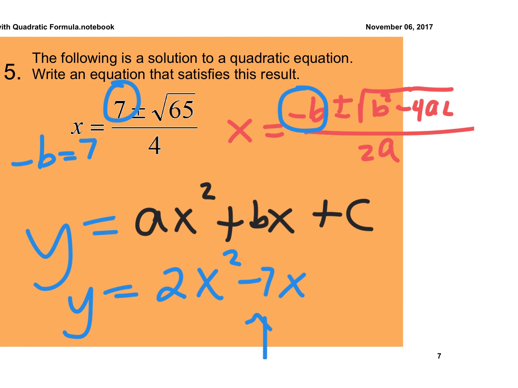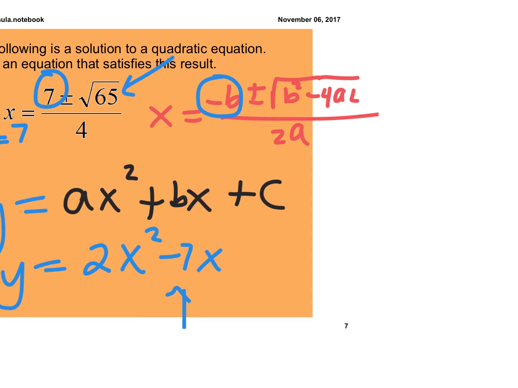And then the only hard part, Mr. Long, how do I set up the formula that does this 65 thing? Well, first, you know that b equals -7, so that would be 49. So are you doing b squared minus 4ac equals 65? Good.